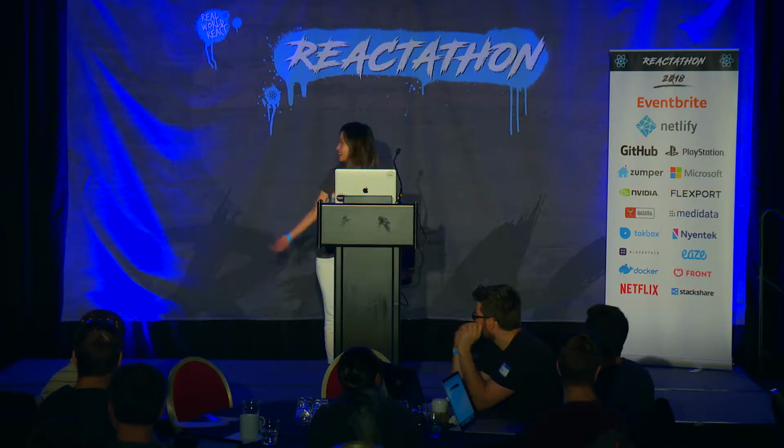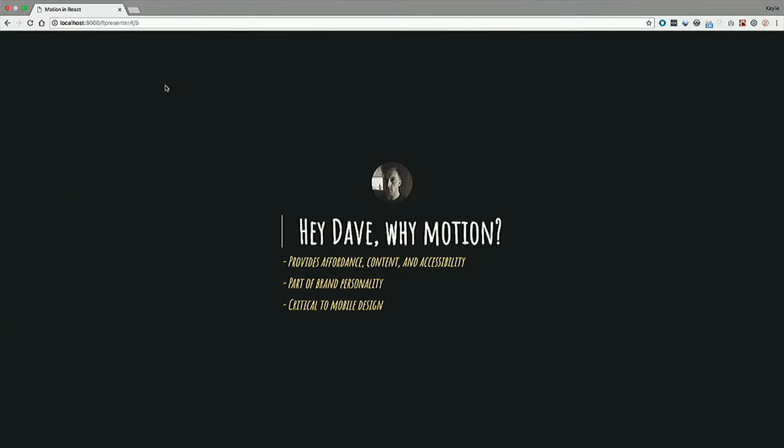So I asked for backup, and that's Dave, our product designer on our team, and asked him, so why motion? Why even bother? And he had this pretty insightful comment that motion could provide affordance and usability by hinting at things like continuity or relationships between two different components on your page that might otherwise not be related.